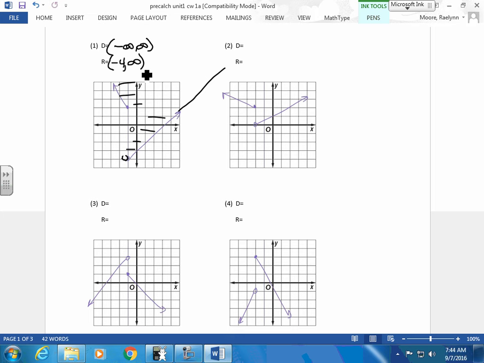Okay. So when we look at number 2, first of all, is it a function? It passes the vertical line test, and every x I'm looking for has a y. So again, my domain is all real numbers.